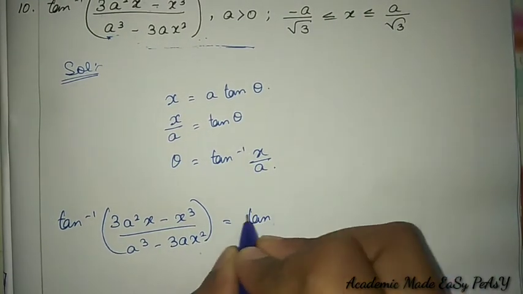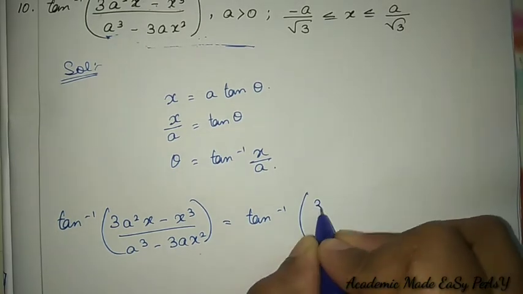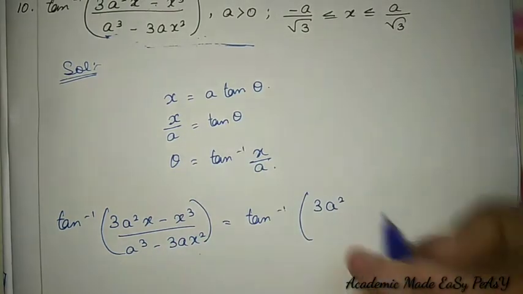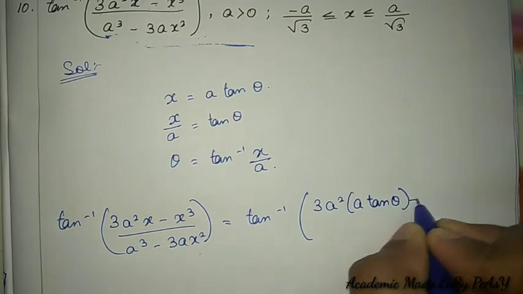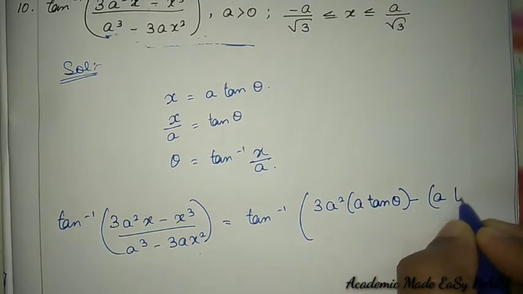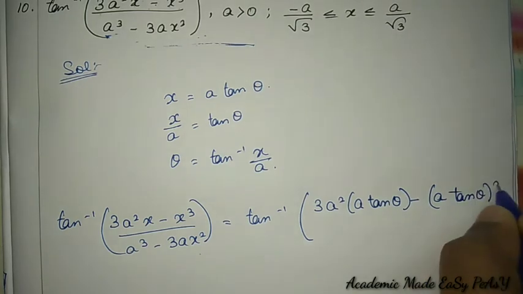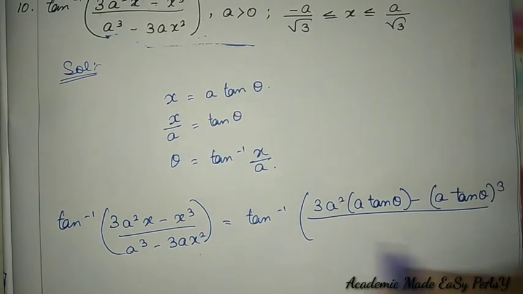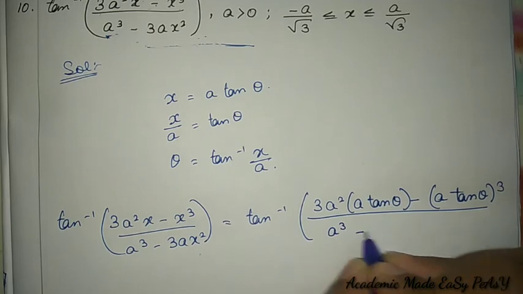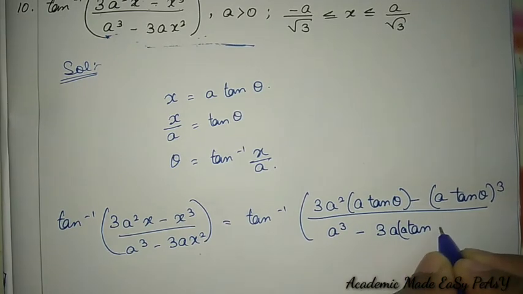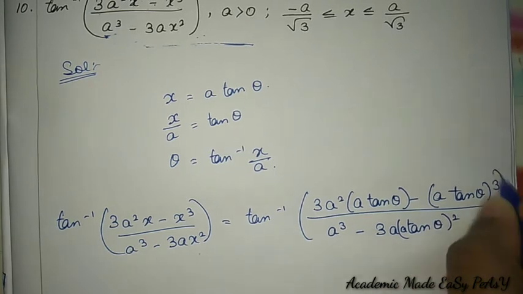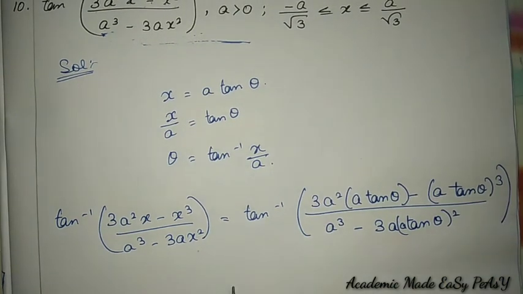So tan inverse of 3a square, what is my x? A tan theta. So a tan theta minus a tan theta the whole cube divided by a cube minus 3a tan theta square. Now we'll simplify.